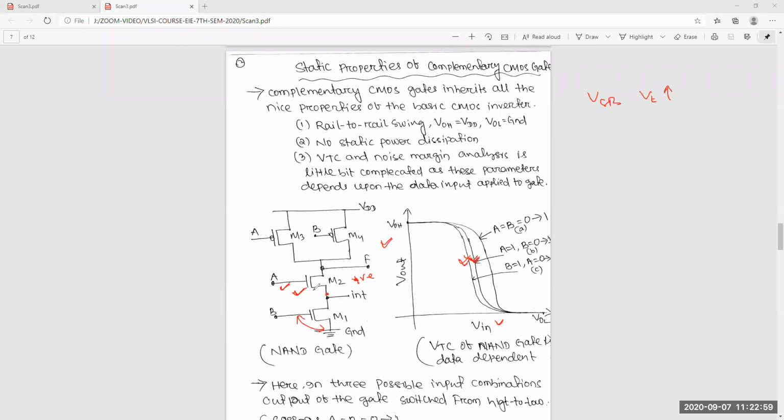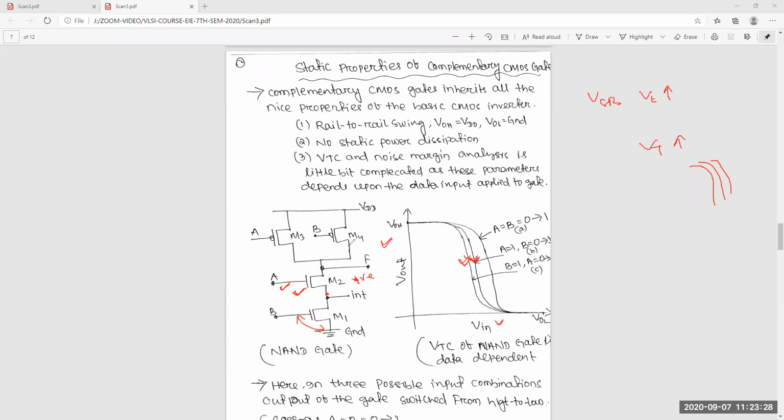Yes, exactly, because after some voltage it will start to turn on. To turn on the transistors, there is a transition that depends upon the threshold voltage. If the threshold voltage is more, then the transition will be different or not? Yes or no? Yes, sir.